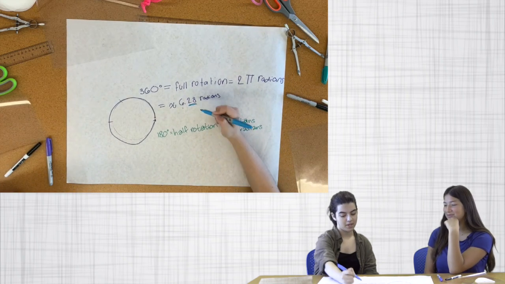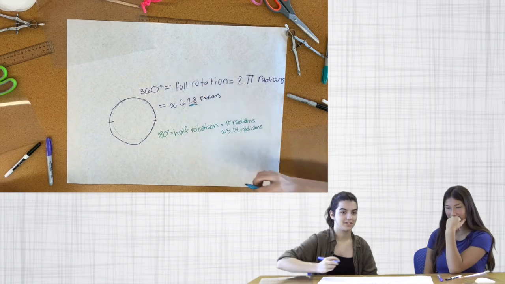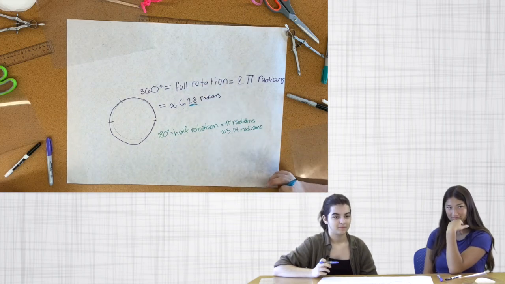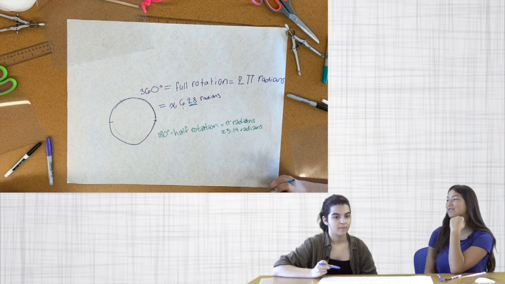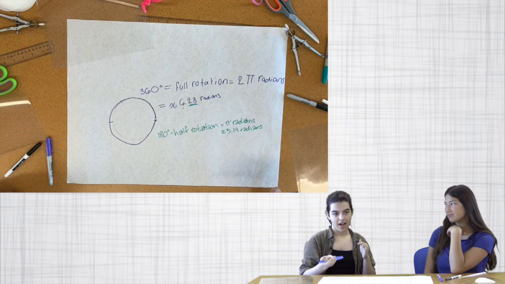But then what about this piece? Because there's 6 pieces plus this 0.28 of a piece. Right, but if you're just thinking in degrees, if you forget the radians. No, I'm using the radians as degrees.